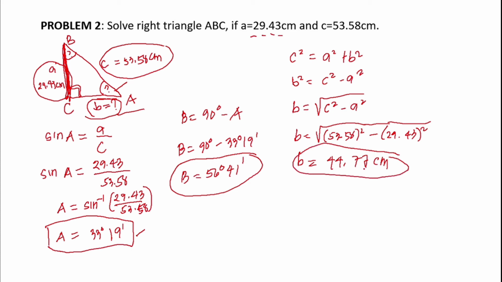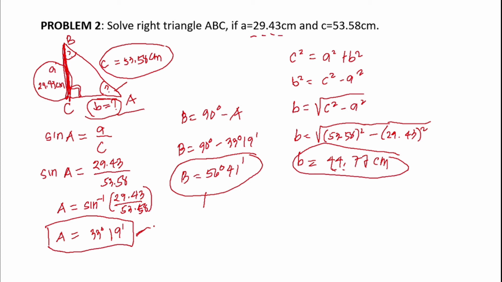Since that is four significant figures still, we have here the answer 44.77 cm. So again, why we did not make use of the angle is because this is derived from the information. As much as possible, we have to use the given information to make it as accurate as possible. Okay, so that is problem number 2.